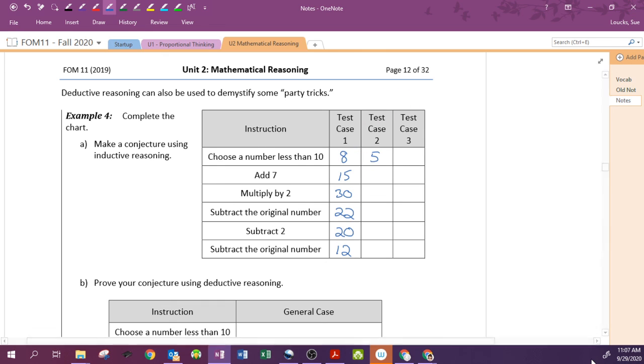I'd like you to try that with 5 as your initial number. See what you get. And then pick your own number for the third column and see what you get. Okay, does anybody have a conjecture for me?